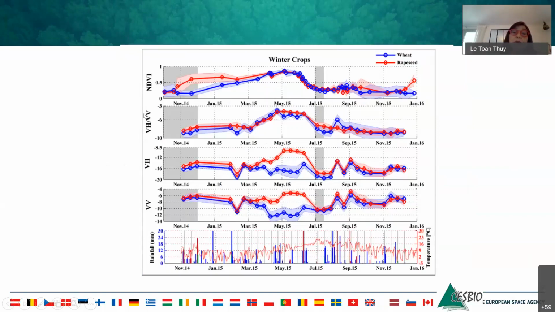When you take the ratio of the two, VH over VV, you reduce the part which is due to the soil attenuation, and so the wheat and the rapeseed show the same thing as the optical. So this is to understand the dominant scattering mechanism depending on the vegetation cover, dense, not dense, high, not high, with water, without water, etc.